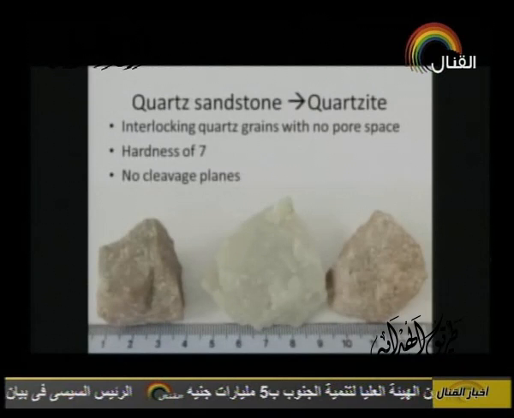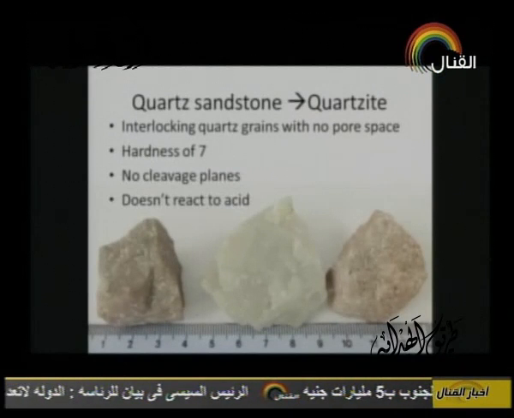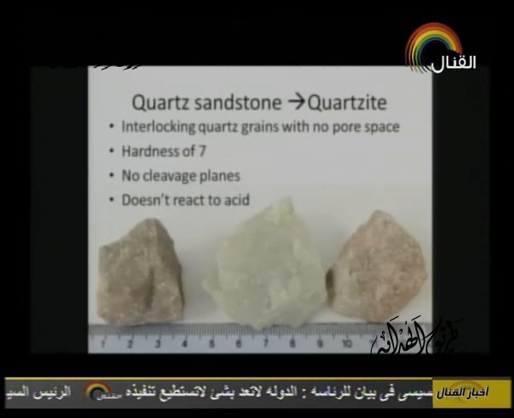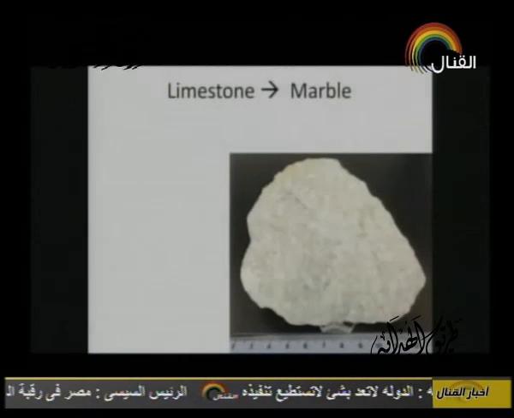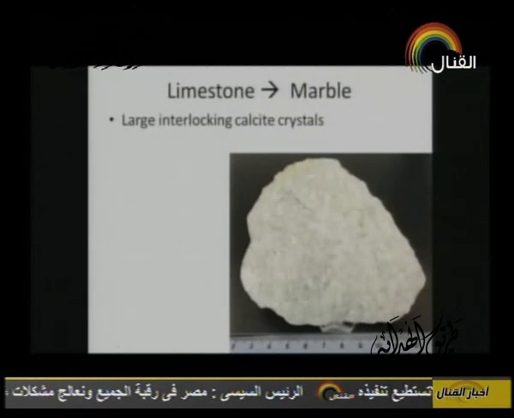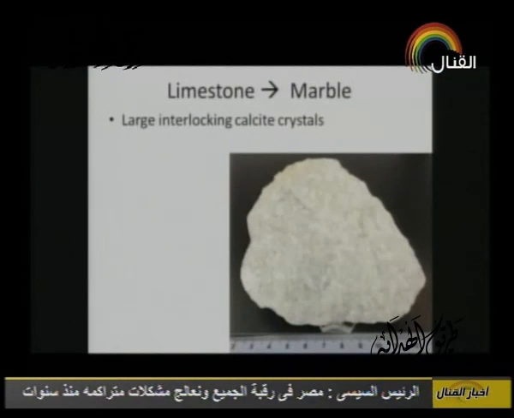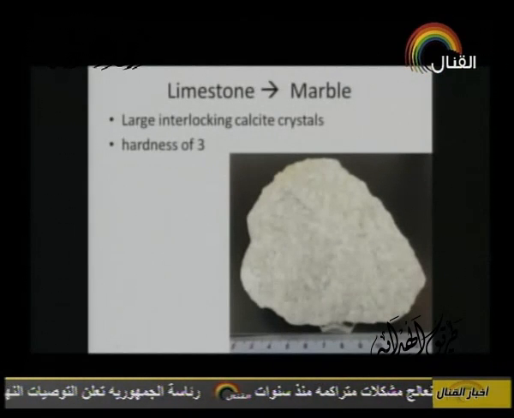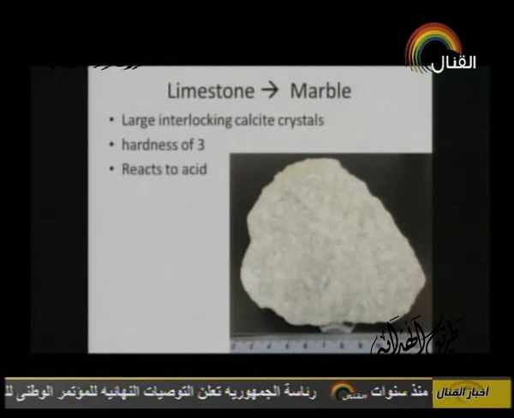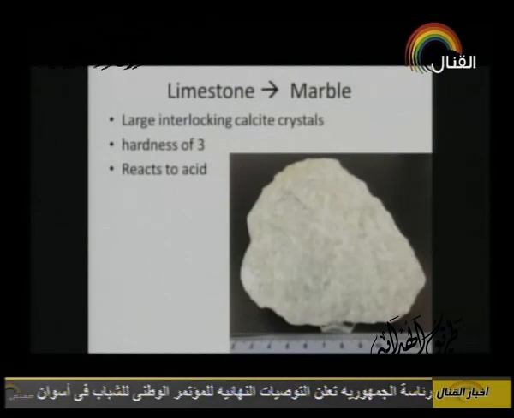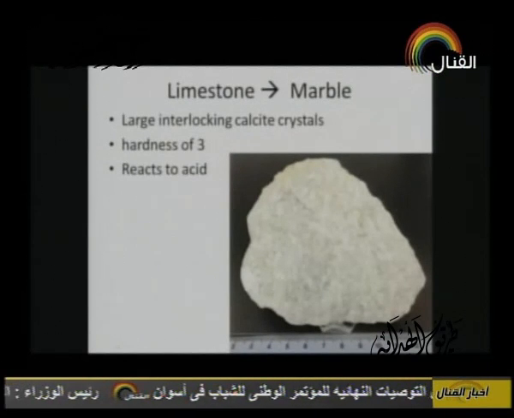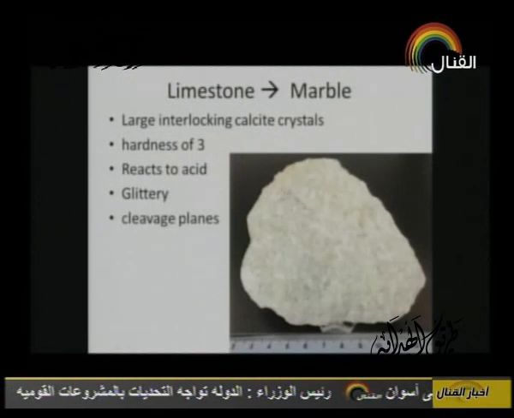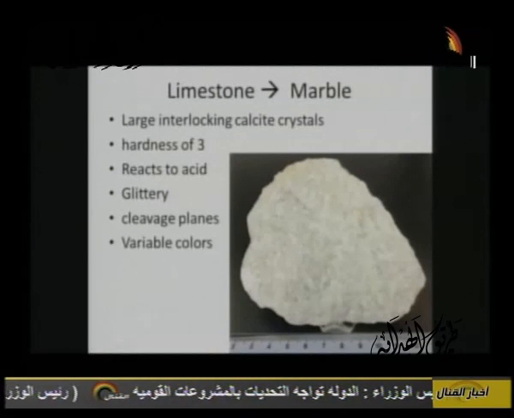The original crystals of calcite of similar size in the limestone have become recrystallized into large interlocking crystals of calcite, which we call marble. This results in greater compaction and lithification. It means hardening, and the rock becomes harder as marble compared to the original limestone.